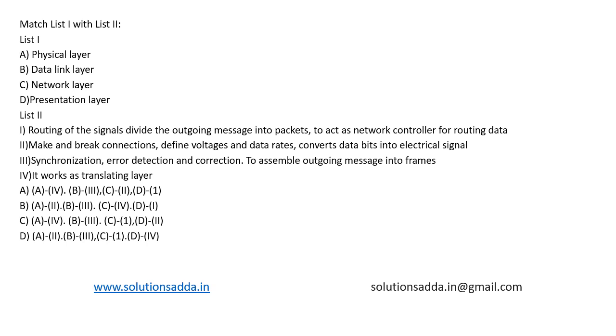Physical layer is responsible for physical connection between the devices, including cables, connectors, etc. It defines the physical characteristics of the network such as voltage level, data rate, etc. So from list 2 we can say that A can be mapped to 2, that is make and break connections, define voltage rates and data rates, converts data bits into electrical signal.